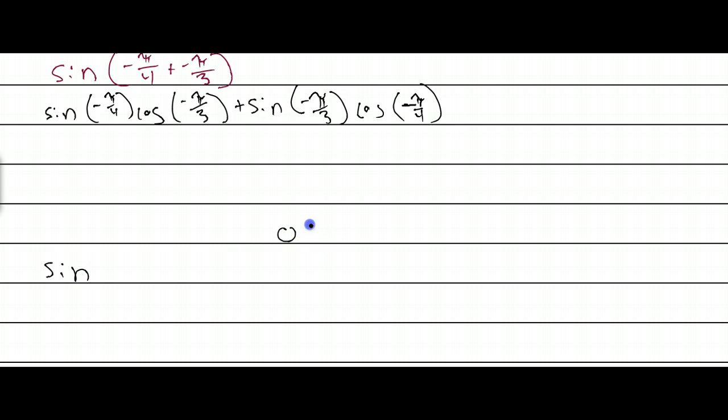So it's 0, π over 6, π over 4, and π over 3, okay? At 0, we know it's 0. Here it's 1/2. This is square root of 2 over 2, and this is square root of 3 over 2. Now we don't know negative π over 6, or I don't want to say we don't know, we do know, but you don't have it.